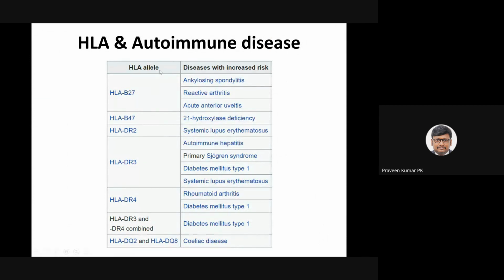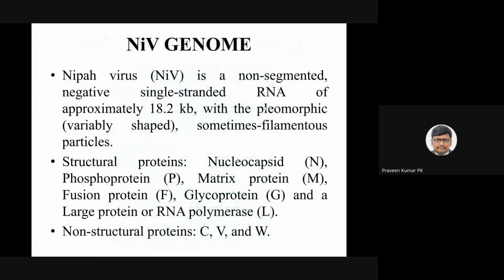If you see, HLA alleles are linked with particular autoimmune diseases. Similarly, we can also see this for types of cancers. And in this Nipah virus genome, I was explaining that even viral diseases are linked with cancer.